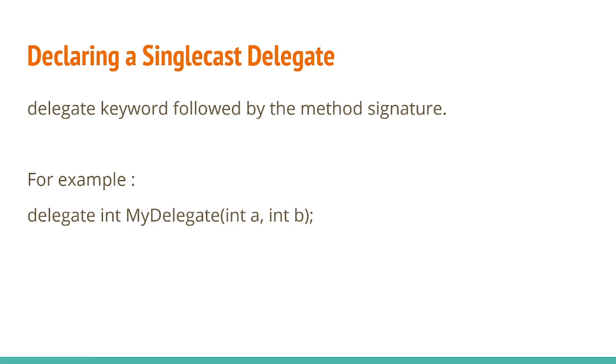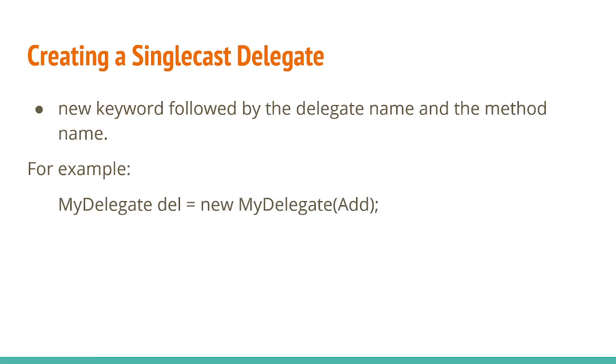Now, creating an instance of the delegate. Let's see how we can create an instance of a single cast delegate. To create a single cast delegate instance, we can use the new keyword followed by the delegate name and the method name. For example, we can create a new instance of myDelegate that refers to the add method.